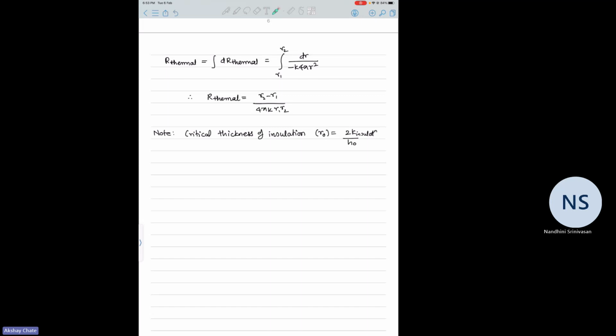Now one typical question that is asked from spherical is also, one second, I'll just find it. Root R1, R2, something like that is there.